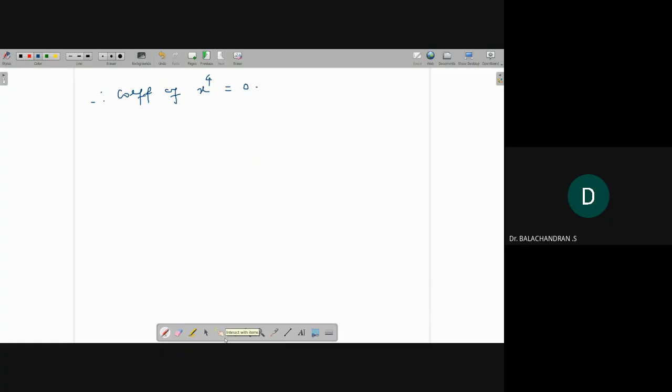So next topic in the binomial theorem, okay, approximation. First column.